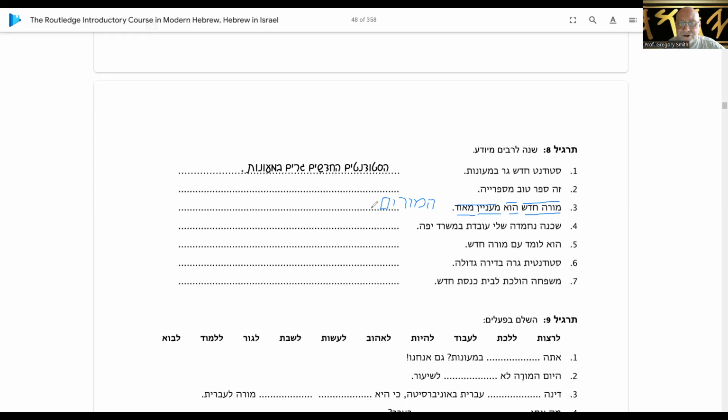Hamorim and then hadashim. I think it's going to be ha-hadashim. Hamorim hadashim. And then the word for they would be hem. Hem. And then me'anyen.